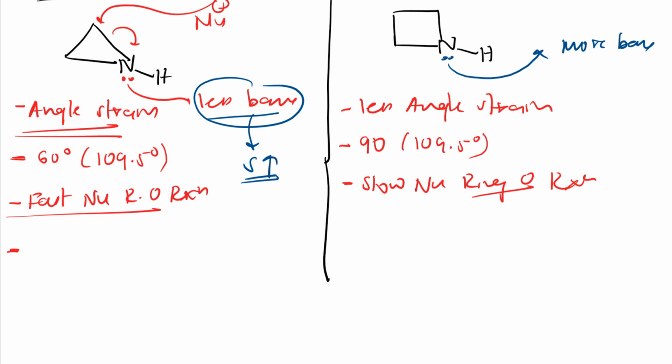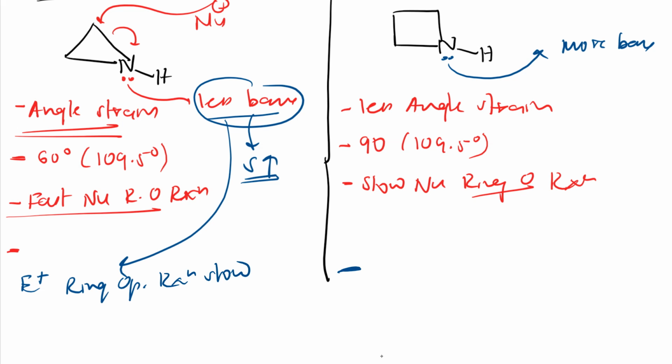Since these are less basic, electrophilic ring opening reaction will be slow in the three-membered case, whereas in the four-membered case, electrophilic ring opening reaction will be faster because it can easily donate the lone pair.